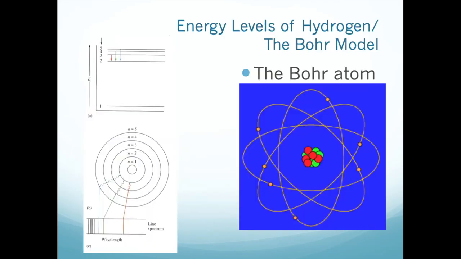So if you want a picture of this, this is how Bohr envisioned the atom. You've got the nucleus in the center, as Rutherford suggested, and you have these set energy levels. Okay, so n equals 1, 2, 3, 4, and so on, all the way until you get to n equal to infinity, which is where you've removed the electron from the atom.